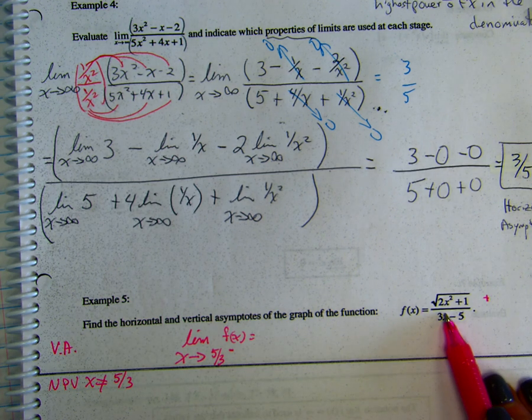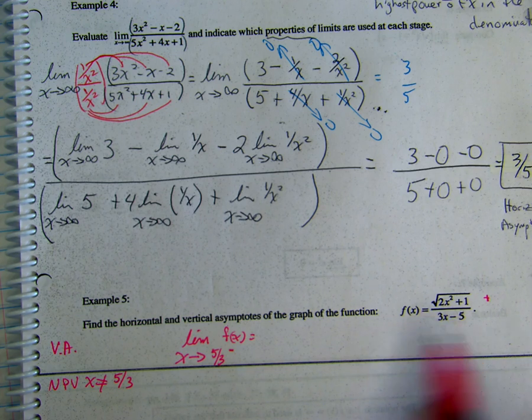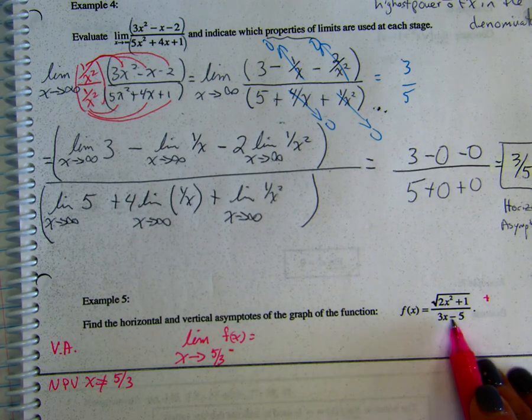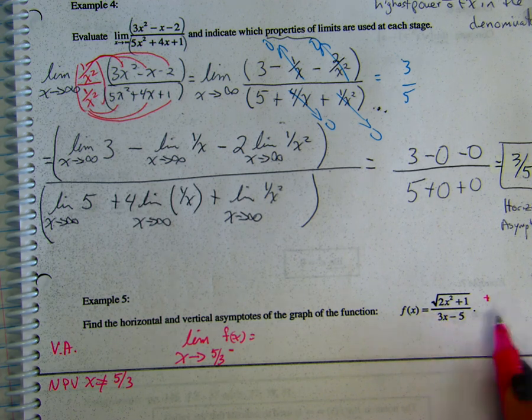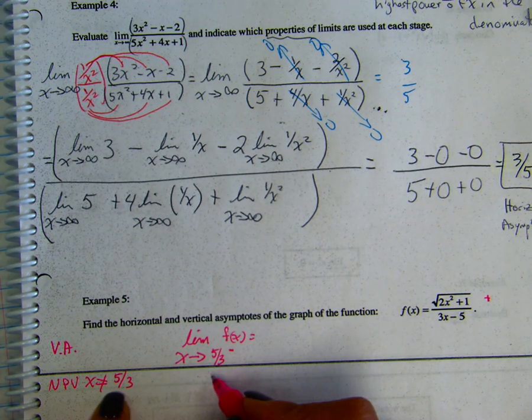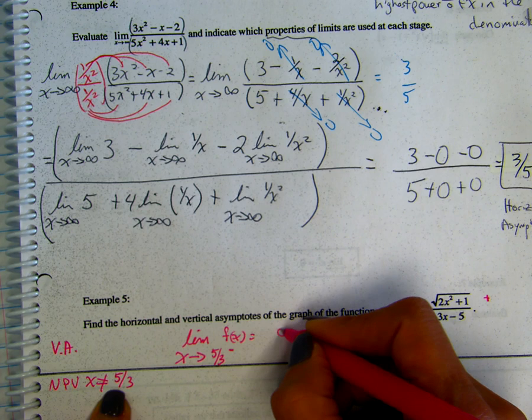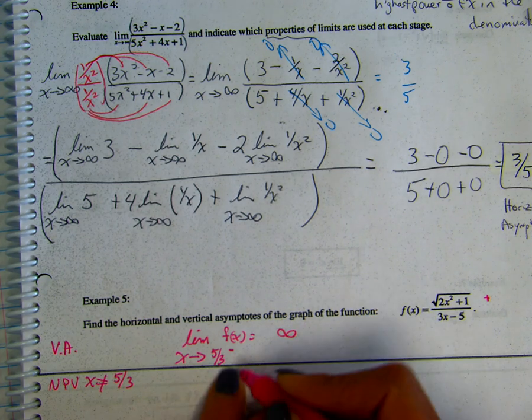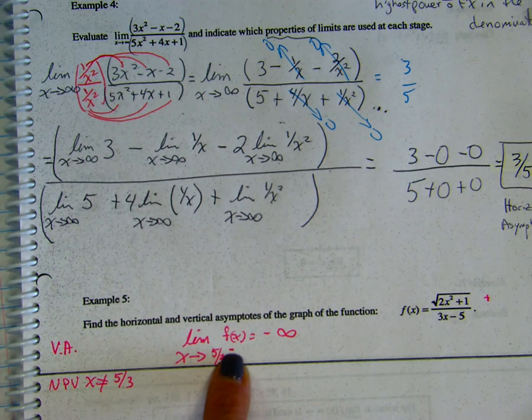If I put 4 over 3 into the denominator, can you please tell me if my answer would be positive or negative? 4 over 3 times 3 would give me 4 minus 5. You all see you get a negative. Okay, so as x approaches this non-permissible value, if I'm approaching from the left, negative infinity.